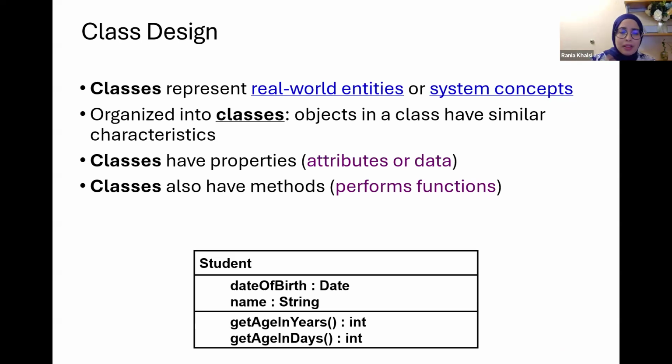And by the way, we try to keep the most important attributes, okay? Here we are putting the date of birth and the name. And if you see here, we have the date of birth, date. So here we have the type. Always we write the name of our attribute.